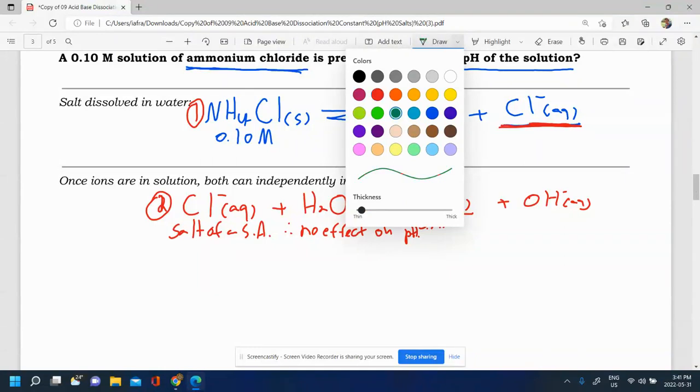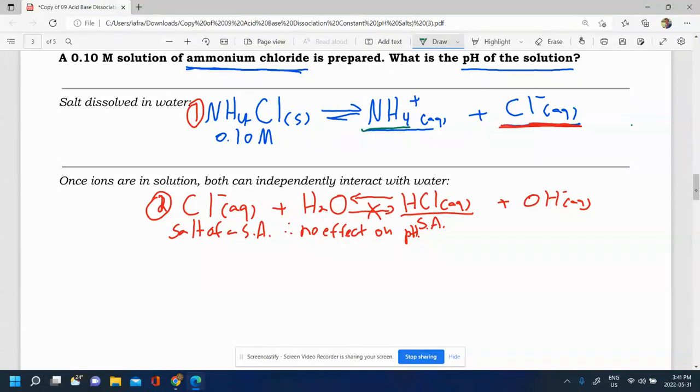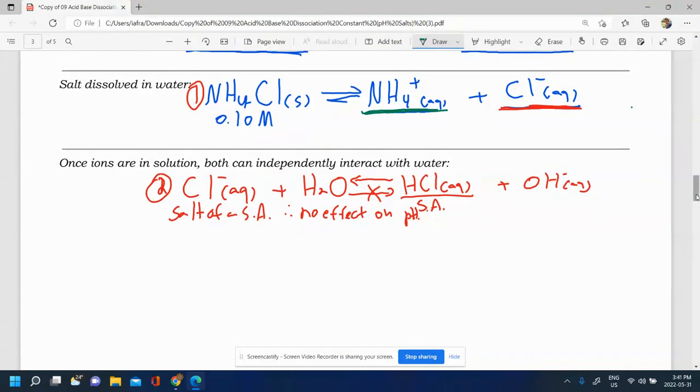But now we do have to go test out the NH4 plus. We're going to do a hydrolysis reaction for NH4 plus: NH4 plus aqueous plus H2O liquid. So there's a couple things you can do here.